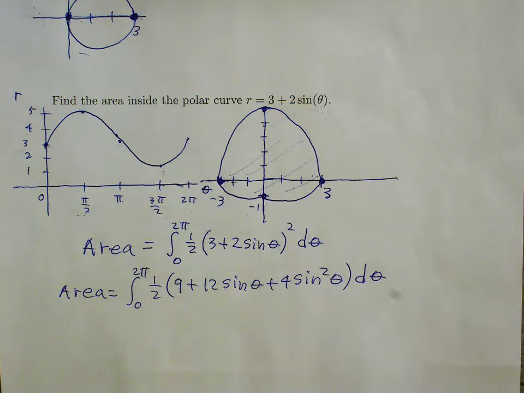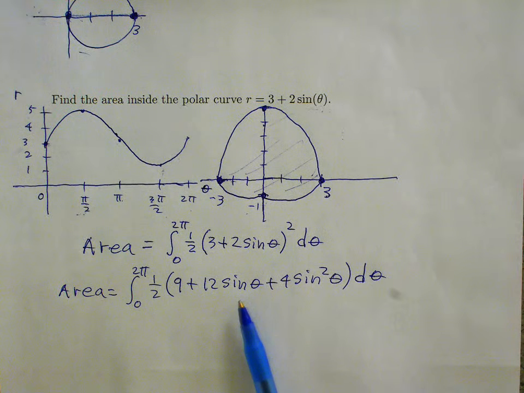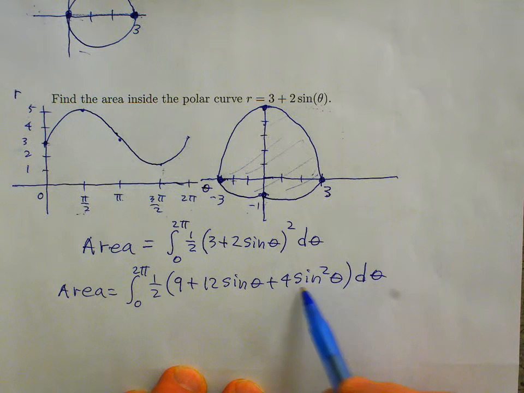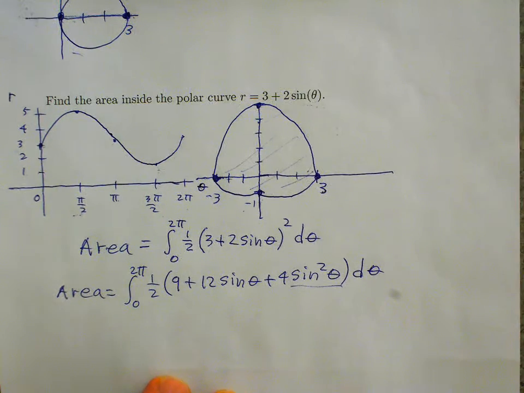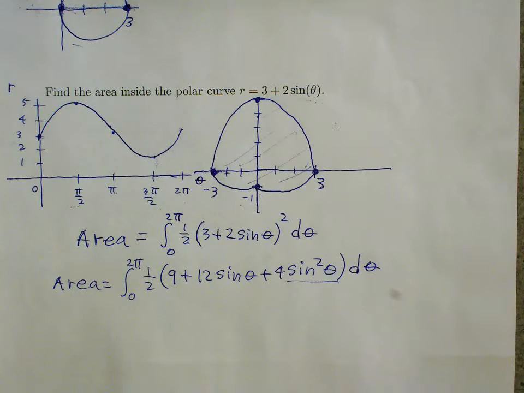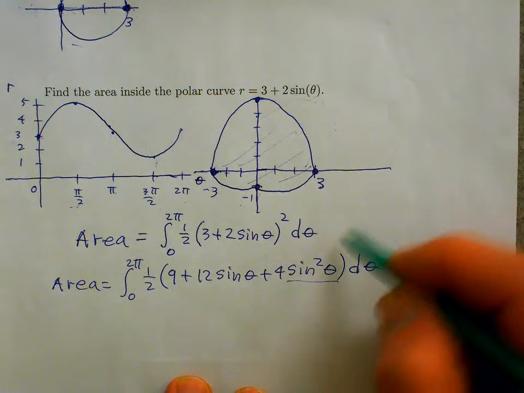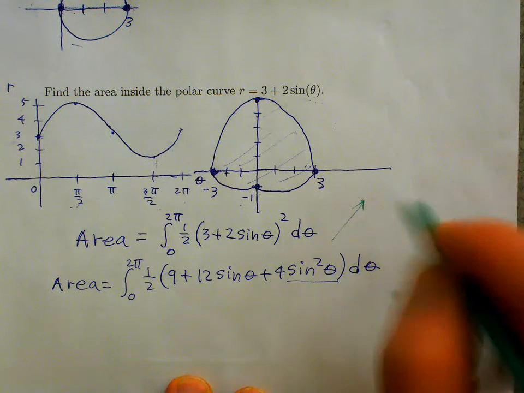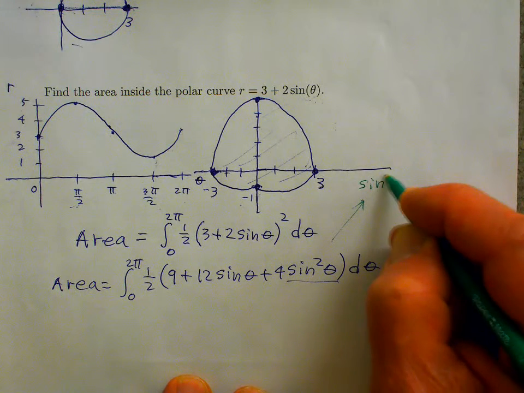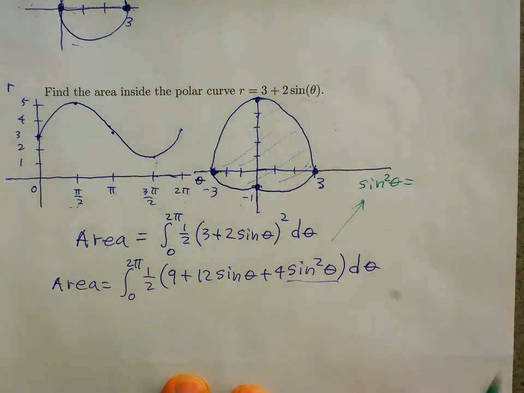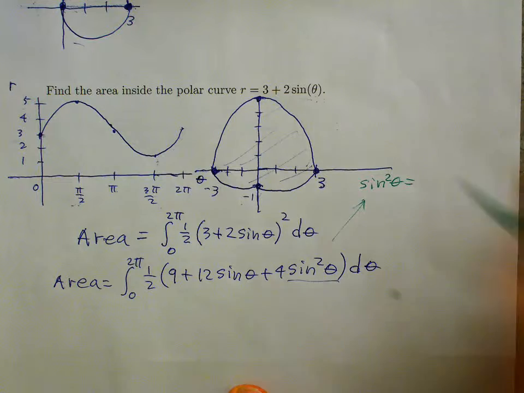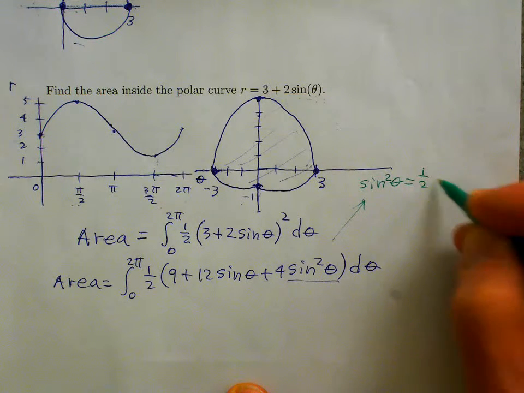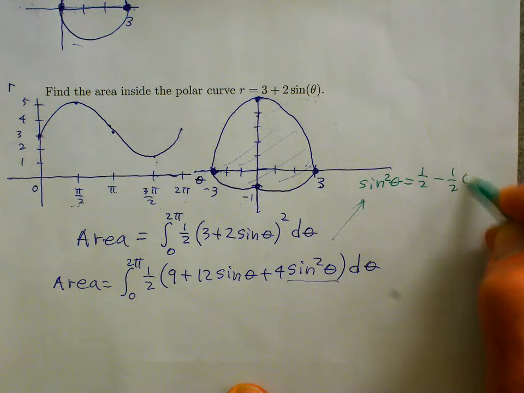So we know how to find antiderivatives of constants and sine of theta, but how are we going to deal with sine of theta squared? Well, the identity I like to use is sine of theta squared equals 1/2 minus 1/2 cosine of 2 theta.